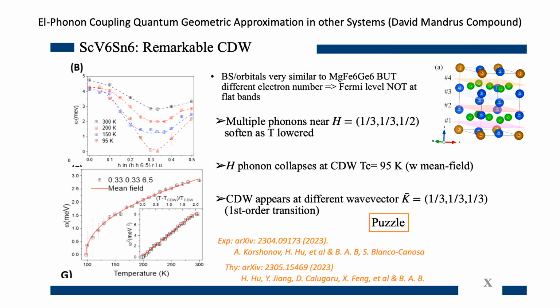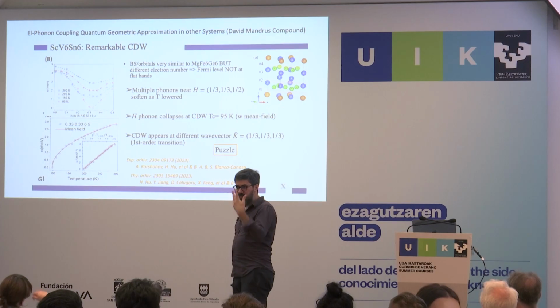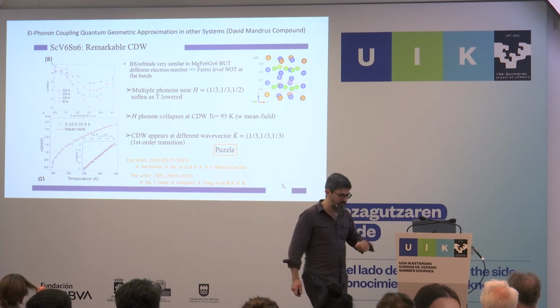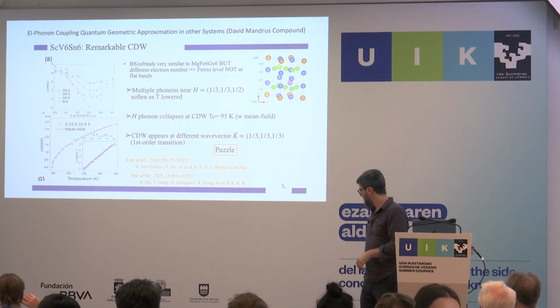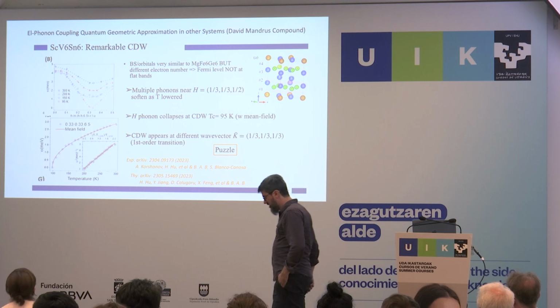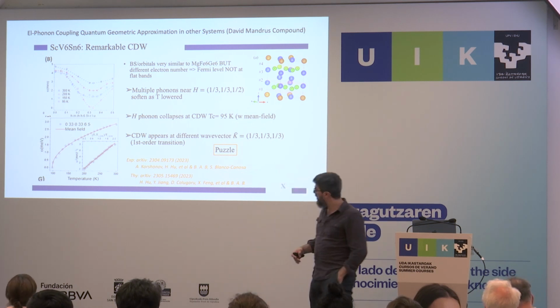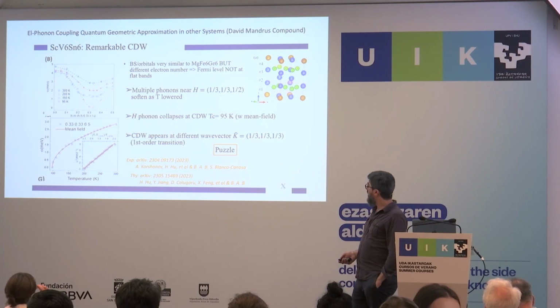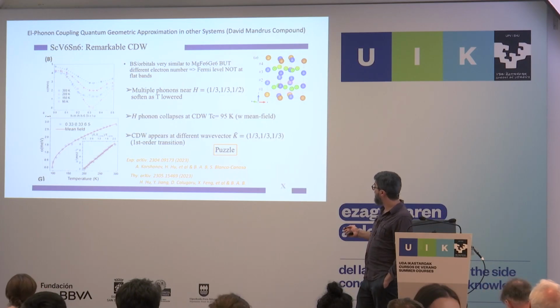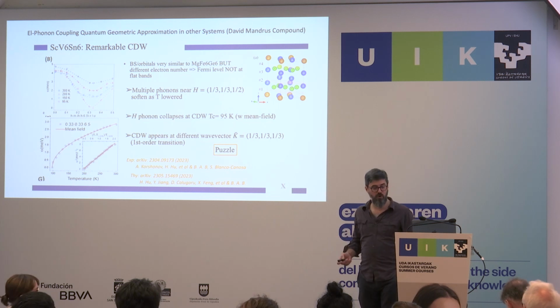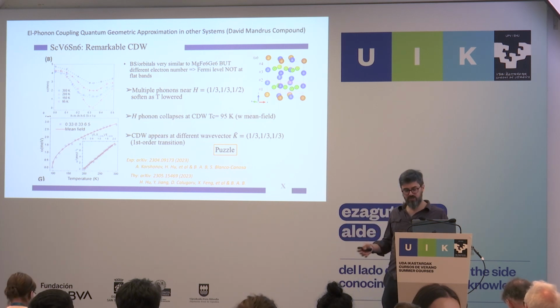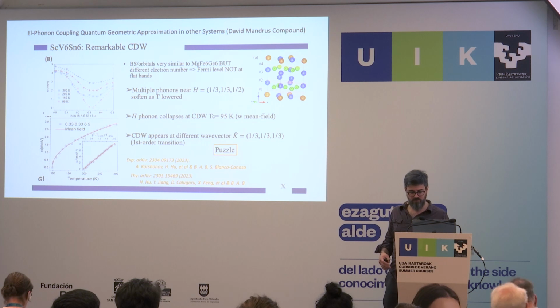I won't explain this difference because it would require too much time, but I will show you how, based on a simple electron-phonon coupling principle that has to do with Van Hove states, you don't need to understand it in terms of quantum geometry, but you can if you want to. We can reproduce this softening of the phonon analytically, which I don't think is that easy without ab initio codes.